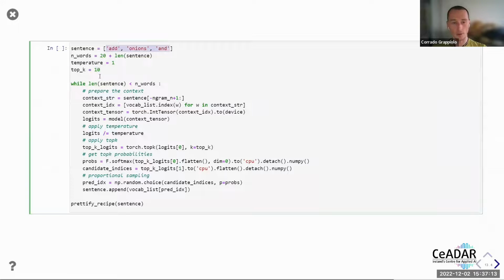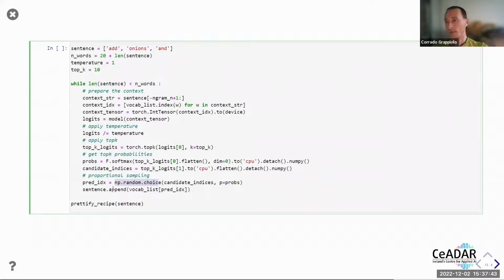So what happens in this loop is that these words are being indexed. We retrieve the indices of these words in the lookup table, and then we ask the model to predict the next word, and we do that by applying the temperature, then selecting the top K words or logits. Then we calculate the probability, so we retrieve the probability distribution, and then we sample.